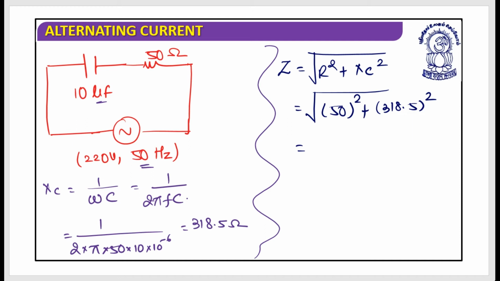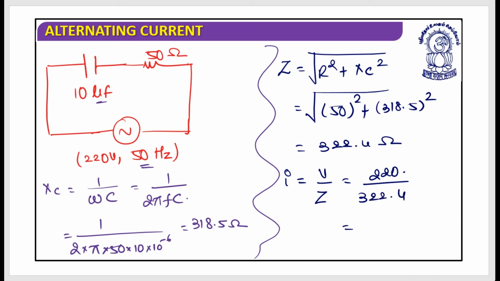Solve this and you will get 322.40. This is Z. Next, current is V by Z. V is 220, Z is 322.4. This will give me 0.68 ampere. I hope this is clear.